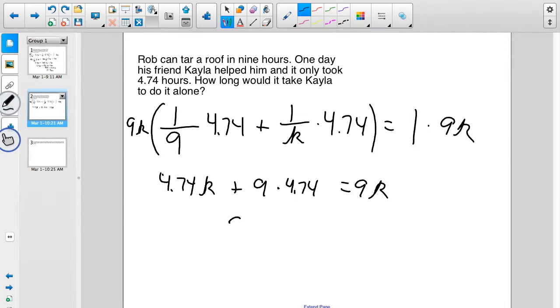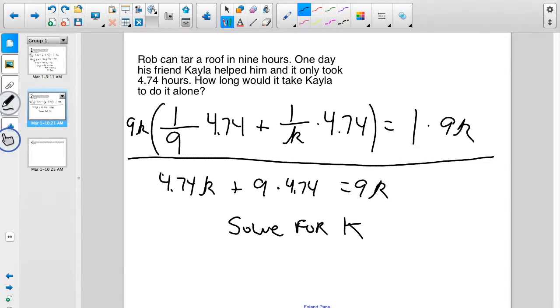And then all I do is solve for K. So again, as you can see here, here's the basic setup, and then all you simply have to do is solve for K.